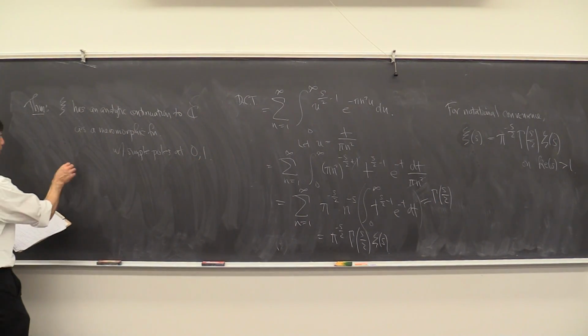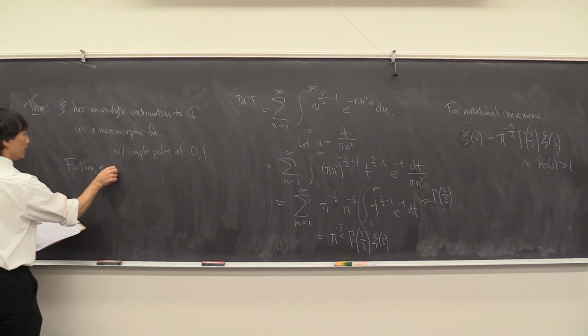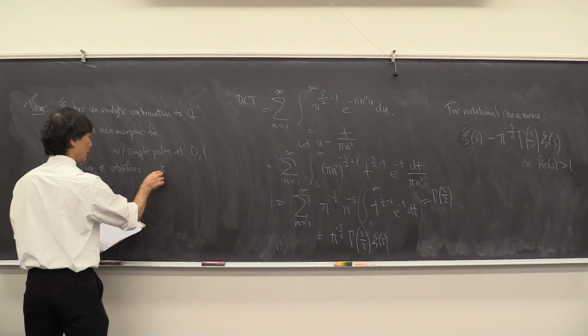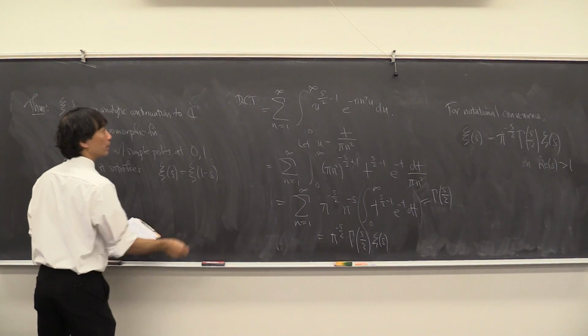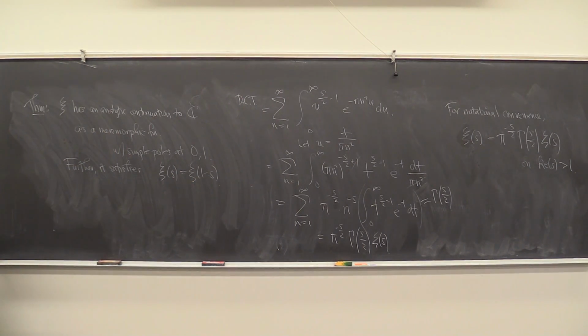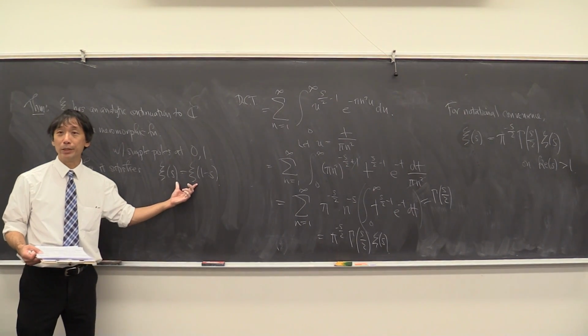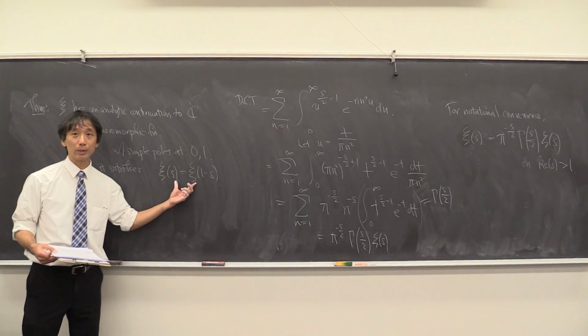Further, it satisfies xi of s equals xi of 1 minus s. This is the functional equation that we said was our goal. It's just more neatly expressed with xi.